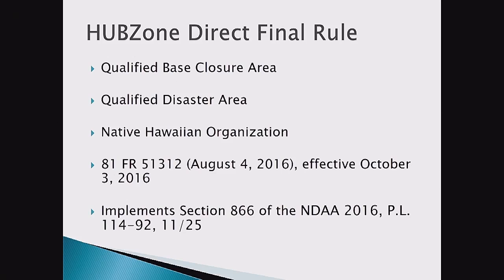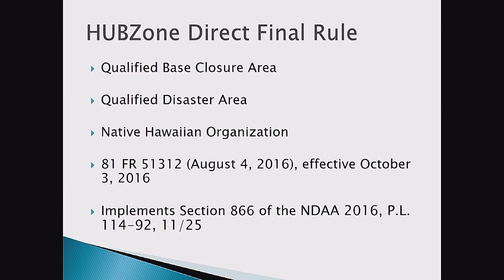Some of the other things we've accomplished over the last few years, out of the NDAA of 2016, include a direct final rule that authorizes firms located in base closure areas or the areas near them. Right now base closure areas qualify, but the area around the base does not qualify as a HUBZone, and that's usually where the economic activity is most harmed.